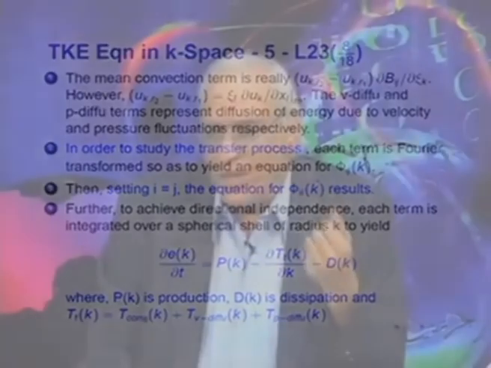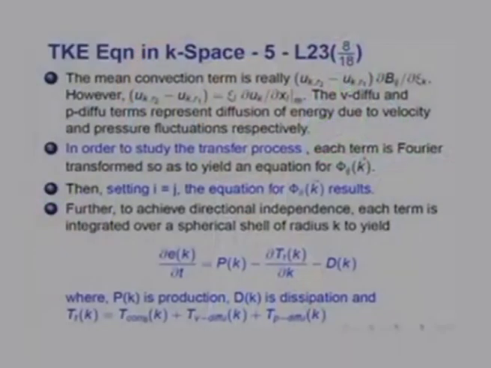So, essentially, we get an equation in scalar k space. It is a one dimensional equation because there is only one independent variable in wave number space, k, dk, and it is a transient equation: dE k by dt equals production minus d by dk of T k minus D k, which is the dissipation.